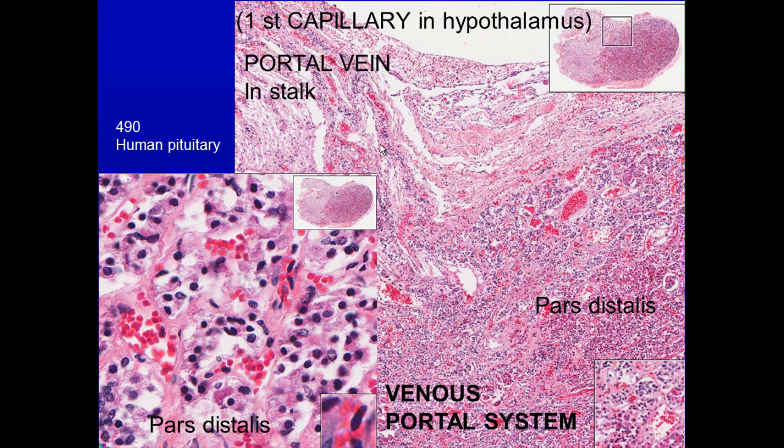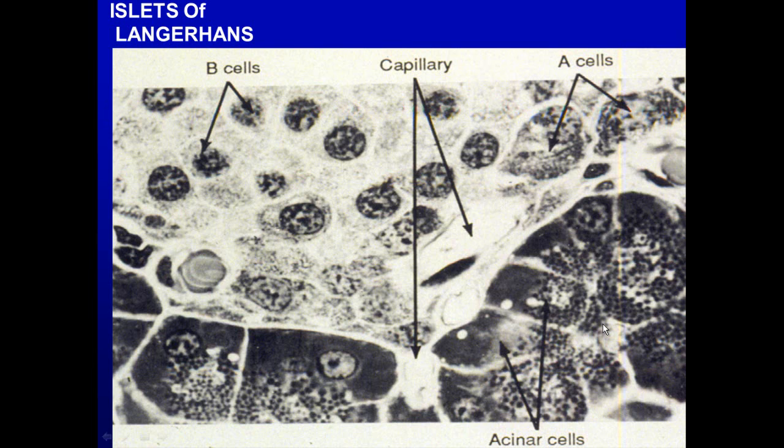Portal veins coming down, and then ultimately the second capillary network is going to be in the pars distalis itself. So you've got releasing factors from the hypothalamus, modifying the blood composition, coming through the portal vein, and distributed out through here to affect acidophils and basophils, which produce their hormones.